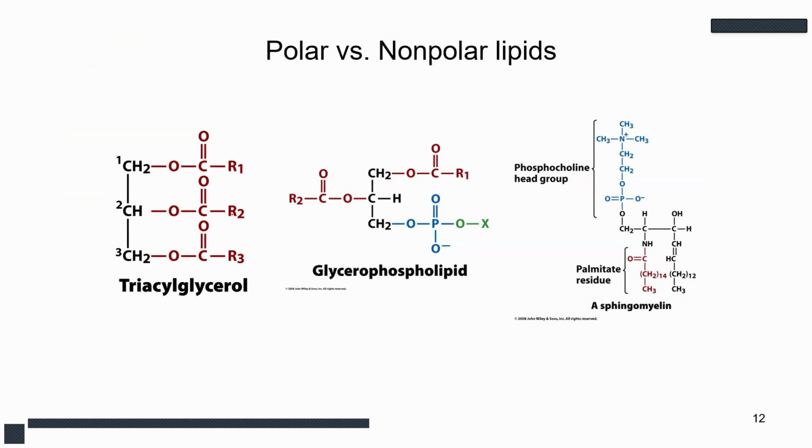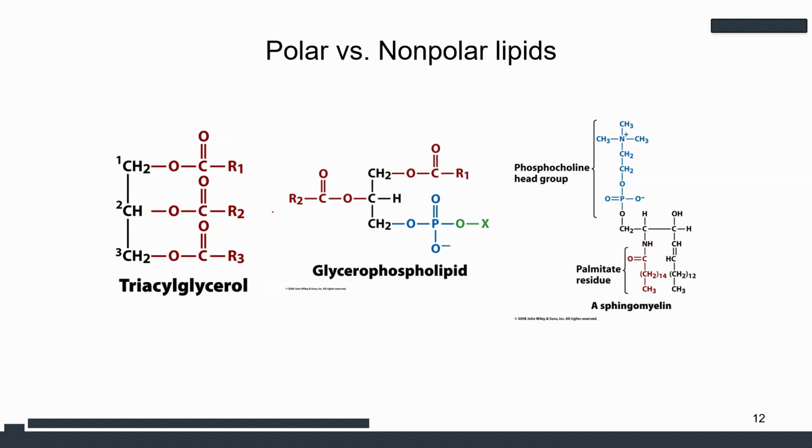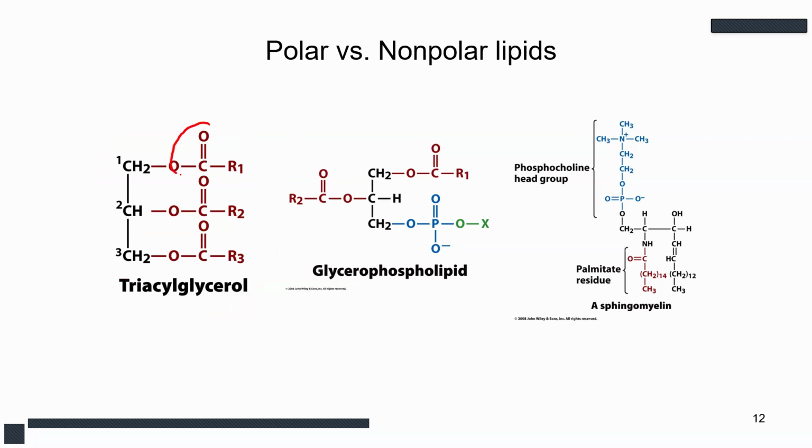Now, when we look at a triacylglycerol, if you remember, I was showing you that glycerol has a little bit of polarity to it, because of those three hydroxyl groups. But when you esterify it, this is where our hydroxyl group was, and it gives you that carboxyl group, with partial negatives.